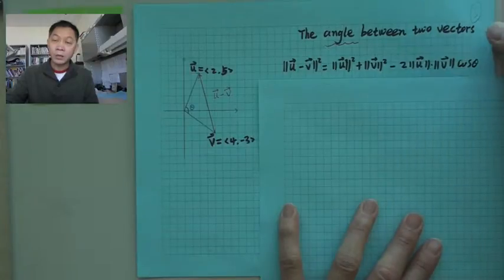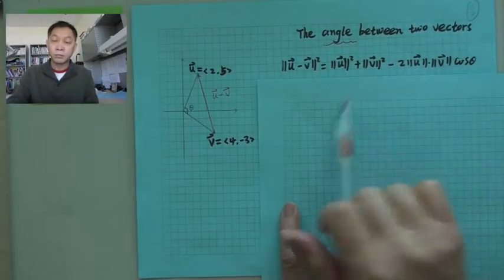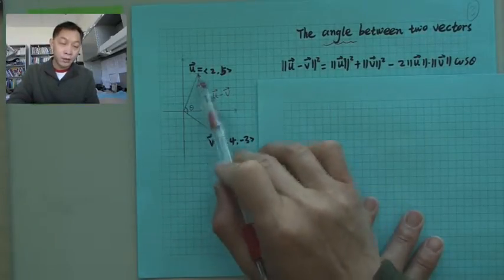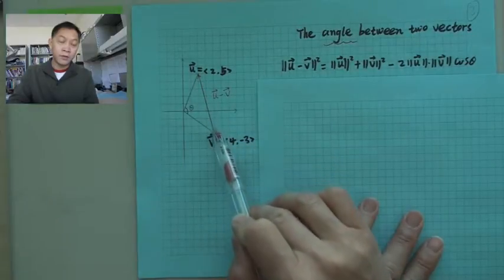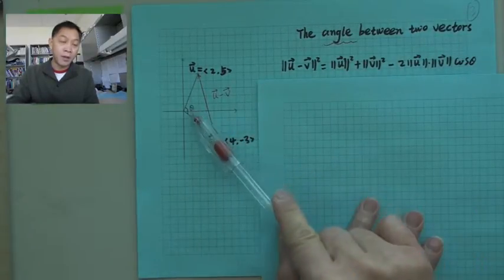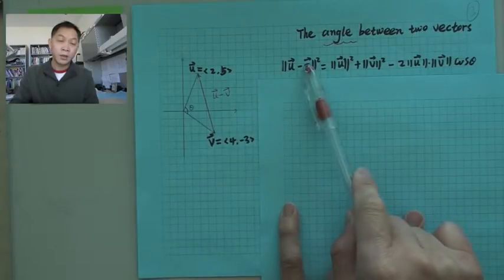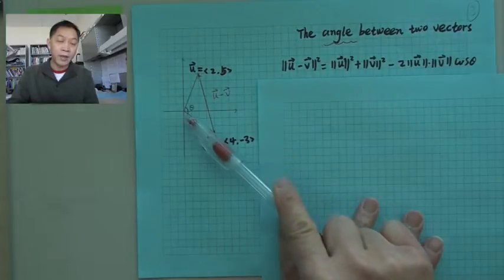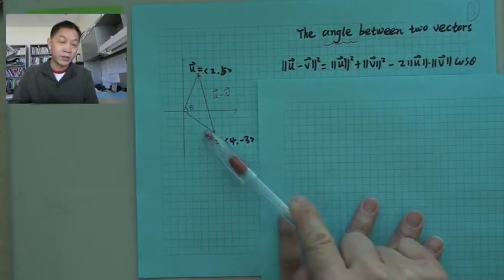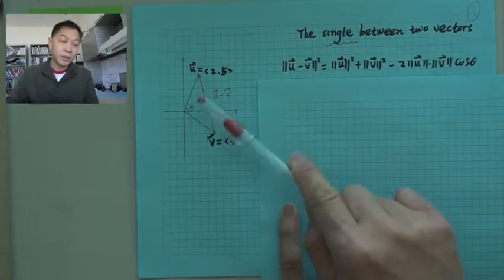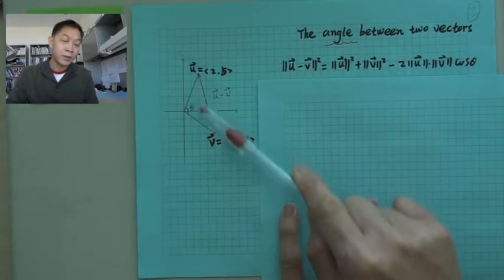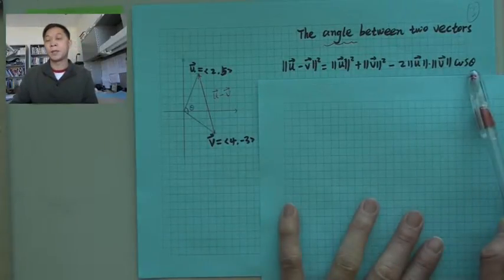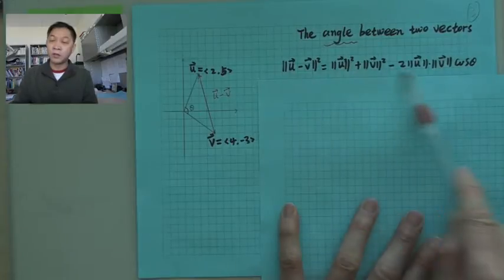The law of cosine says the length of the opposite side of theta squared equals the length of one adjacent side squared plus the length of the other adjacent side squared, minus 2 times the length of one adjacent side times the length of the other adjacent side times cosine theta.